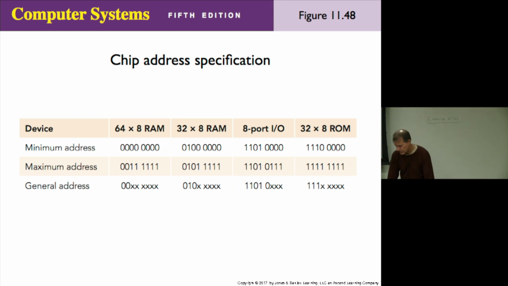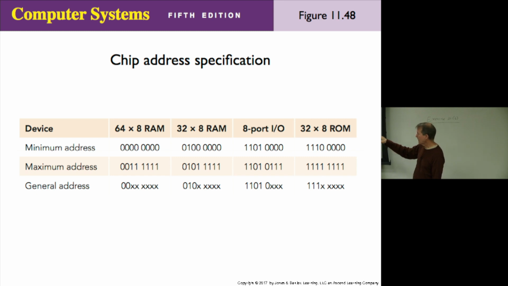The table in figure 11.47 shows the minimum address and maximum address of each device, and the address fields that change between the minimum and maximum are denoted by X's.